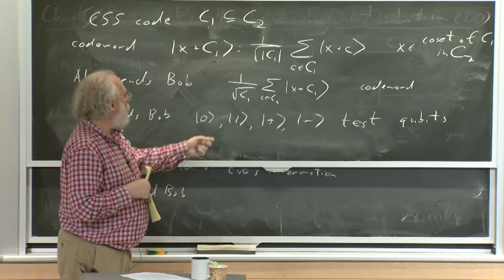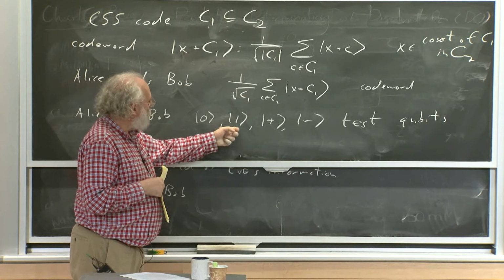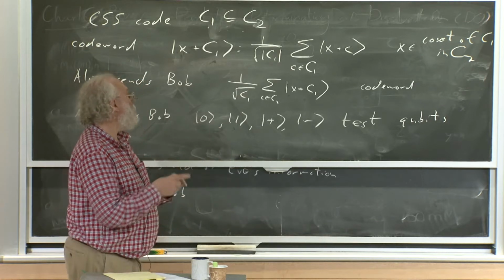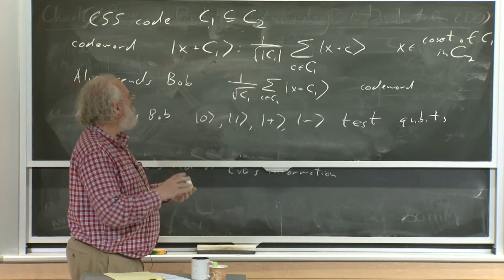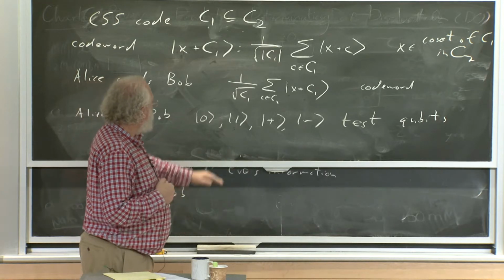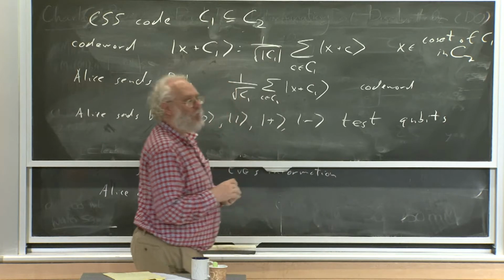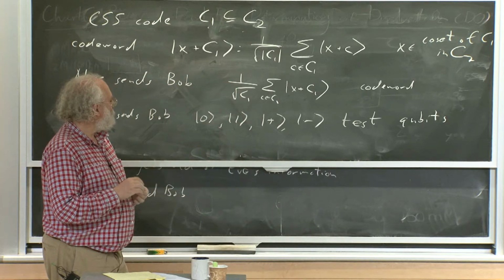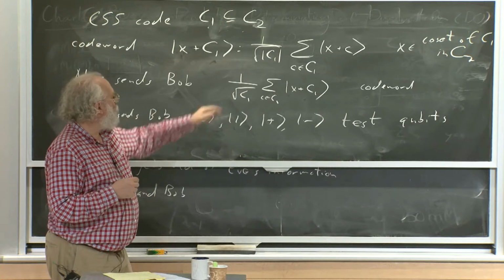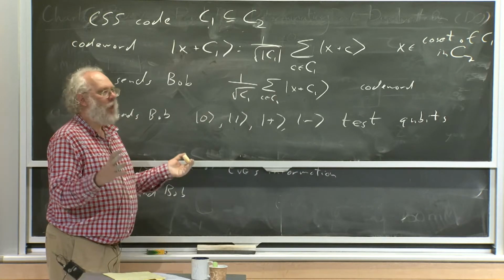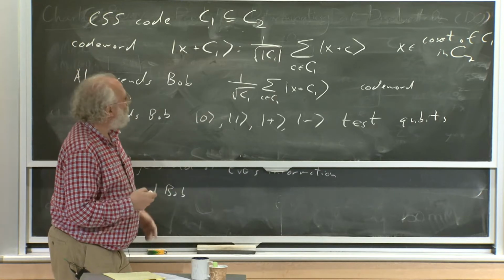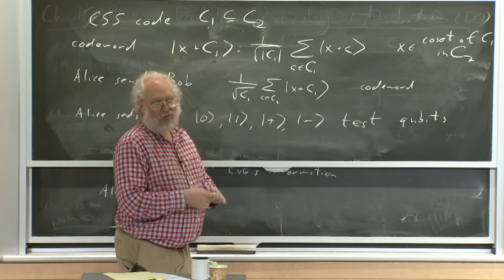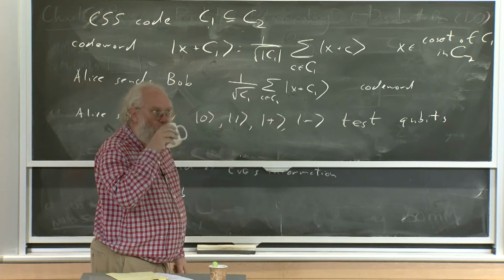And then after that, she tells Bob, after Bob has put everything in quantum memory, which of these are test qubits and which of them are real, or encoded, qubits. And then Bob decodes, and he gets the bits that Alice sent.